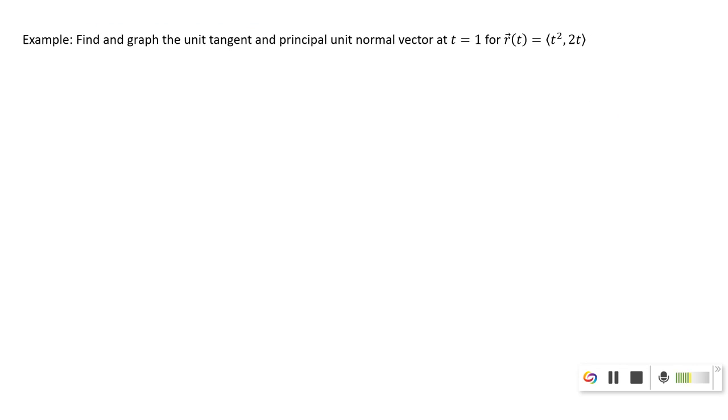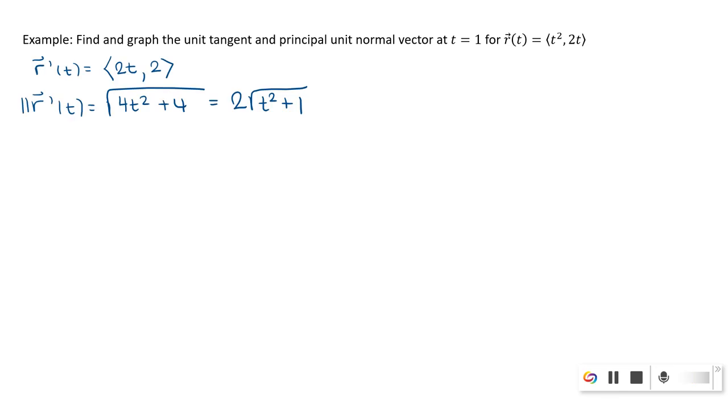So let's do an example where we have to find and graph the unit tangent and principal unit normal vector at t equals 1 for the following plane curve, r equals t squared, 2t. I'm going to start by finding my unit tangent vector. To do that, I have to take r prime and divide that by the magnitude of r prime.